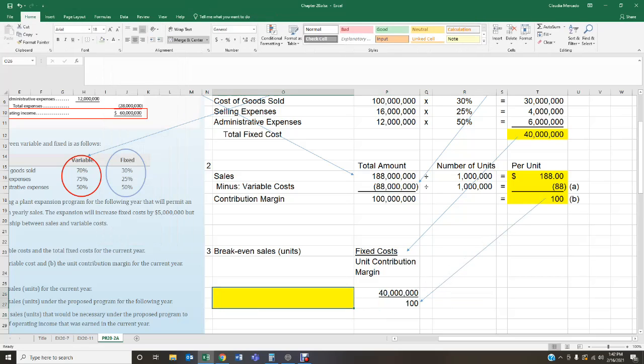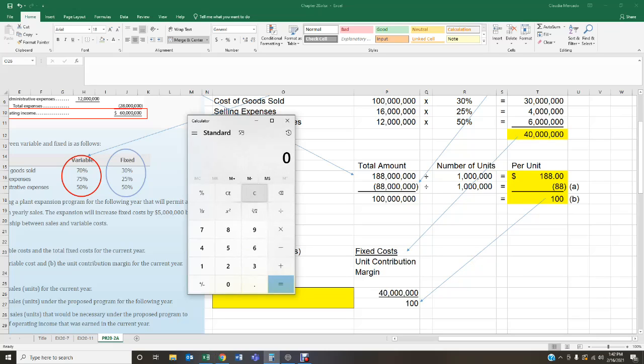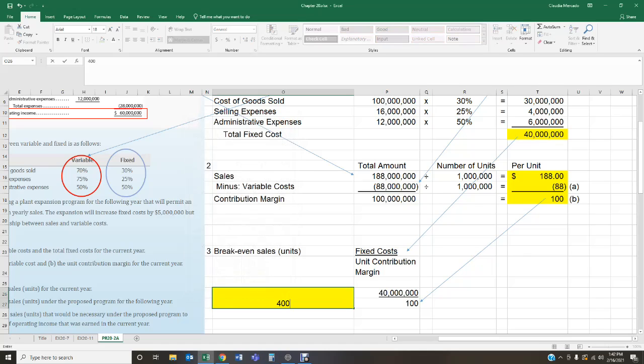Okay, so then let's get our calculators. That's 40, 1, 2, 3, 4, 5, 6 divided by 100. That gives me 400,000 units, okay, to break even. So to break even, I need to sell 400,000 units.